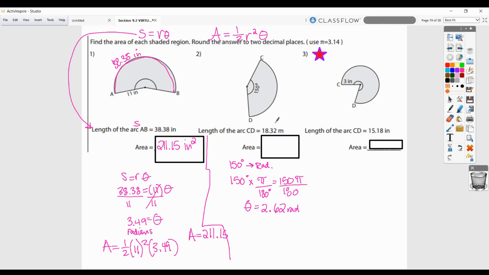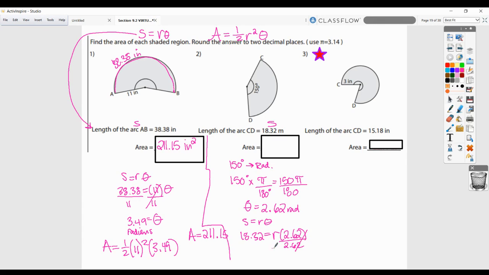So now what I'm going to do is exactly what I did for the first problem. I'm going to use this S, which is the length of the arc, 18.32, equals the radius, oh geez, I don't know that, times theta. And I made my theta in radians so I can use this formula.